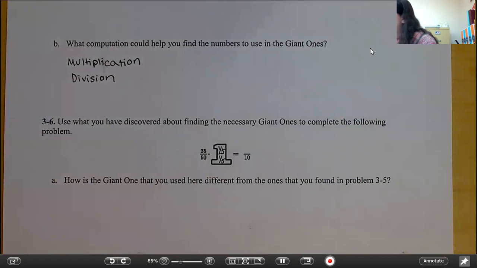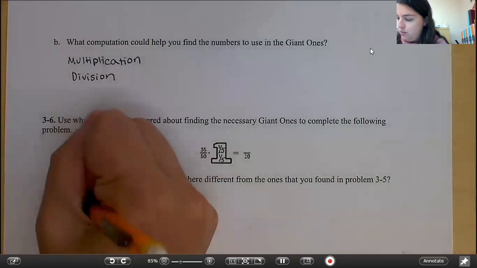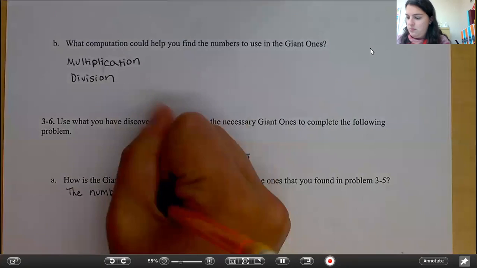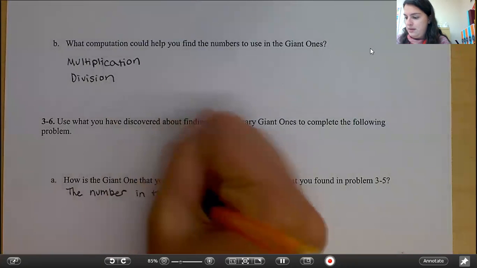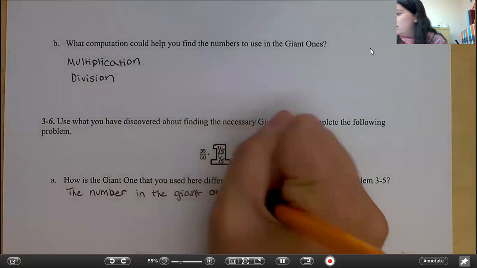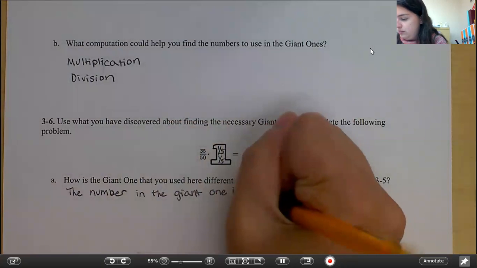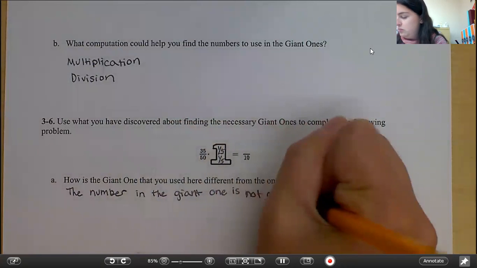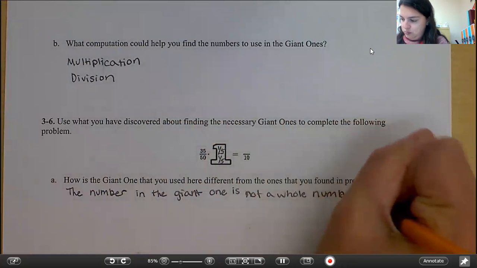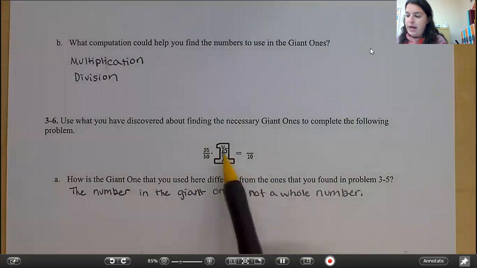So how is this different? Well, it's different because the number in the giant 1 is not a whole number. So you could have had either a fraction here or a decimal.